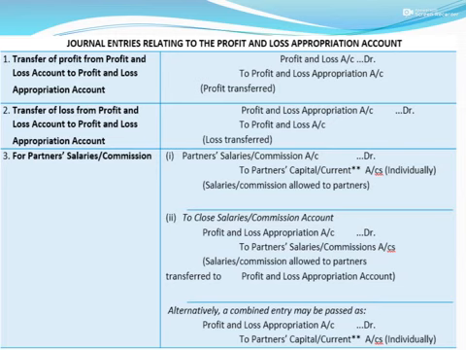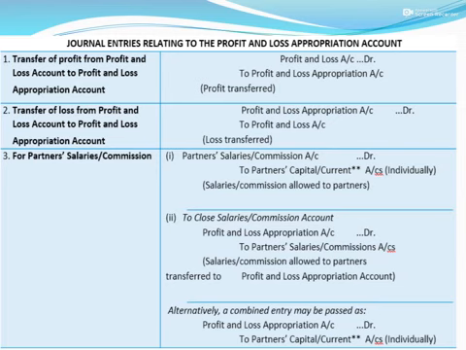On the credit side of the profit and loss appropriation account, we will write down "By net profit" or "By profit and loss account". Now the next is transfer of loss. As we transfer the profit, in the same way we will transfer the loss of the profit and loss account to the profit and loss appropriation account.